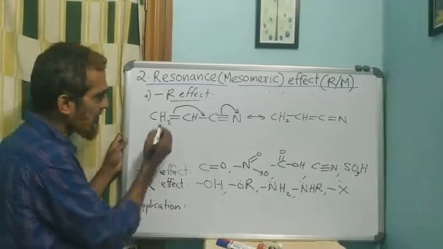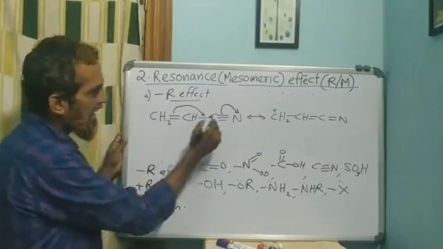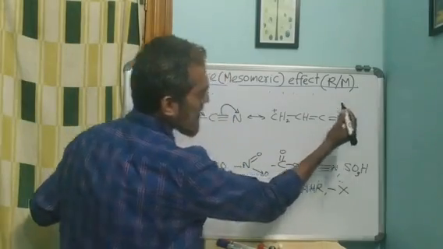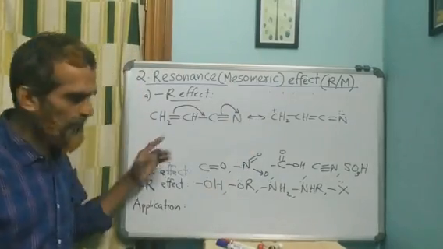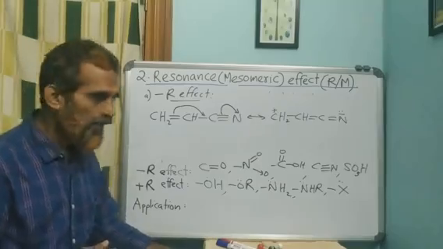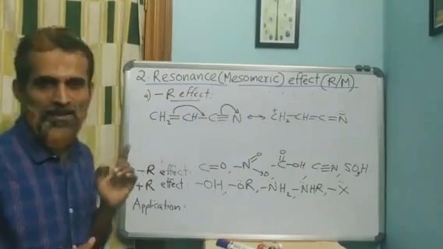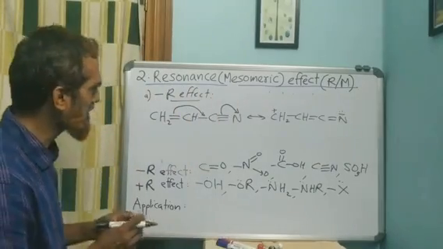Charge separation comes. This carbon loses this electron and it becomes plus, and this nitrogen gets the lone pair or negative charge. Okay, this is the resonance structure of this nitrile. So such groups are withdrawing electrons and develop negative polarity, withdrawing electrons towards them. This is minus R, minus M effect.